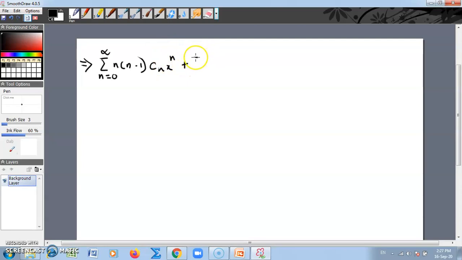Plus the summation n is equal to 0 to infinity n(n minus 1) cn x to the power n minus 2, because this portion was multiplied at first by x squared and then by 1.